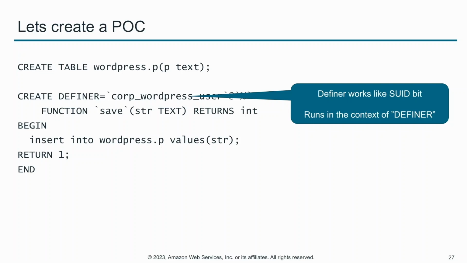So we create a function with our definer, and if we create this function with our definer, we'll be able to write to our database. So we create a function save, pass the password as an argument to that function, and put that function inside of our exploit.